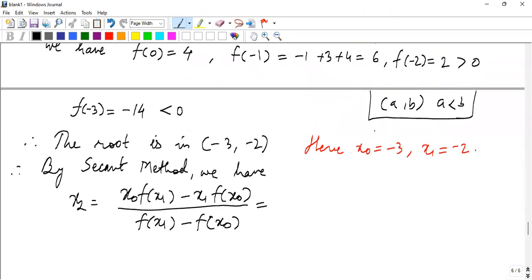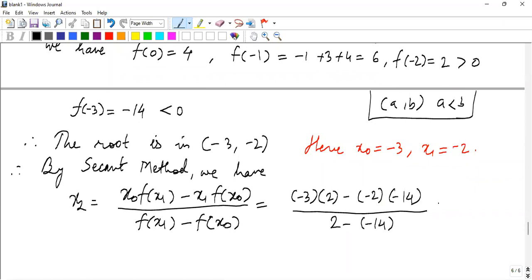So we can put in these values. x0 is minus 3, then f of x1, where x1 is minus 2, that is going to be 2, minus x1 which is minus 2. And then f of x0 is minus 14. And this is going to be 2 minus minus 14. Is that okay?